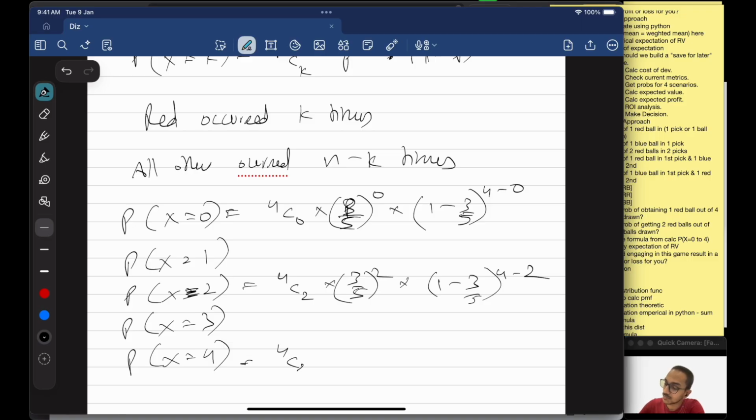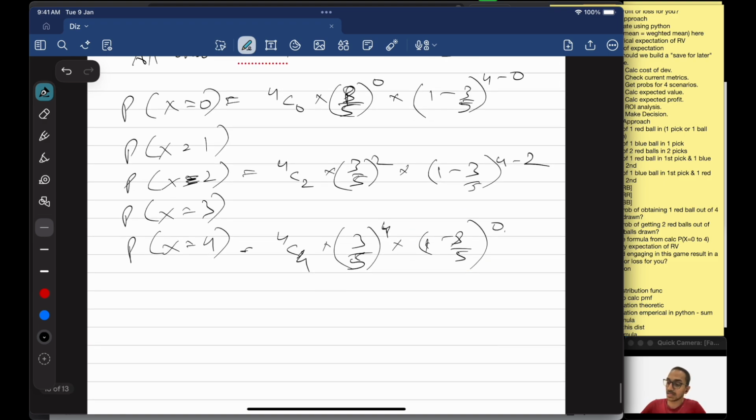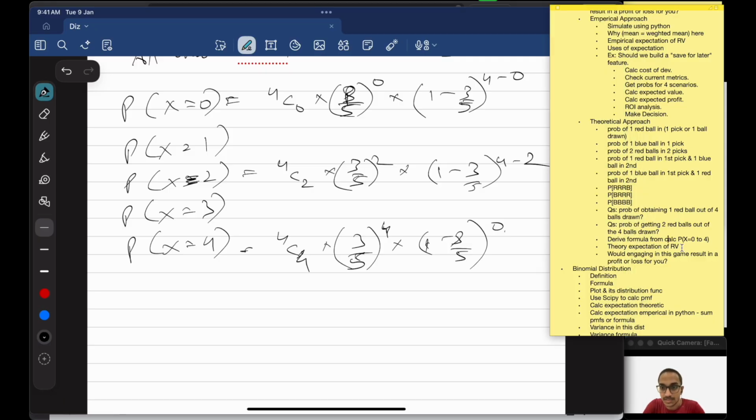Same with 4C4, (3 by 5) power 4, (1 minus 3 by 5) power 4 minus 4, which is 0. Anything power 0 is 1, and this we can calculate. I don't want to waste too much time in calculation.